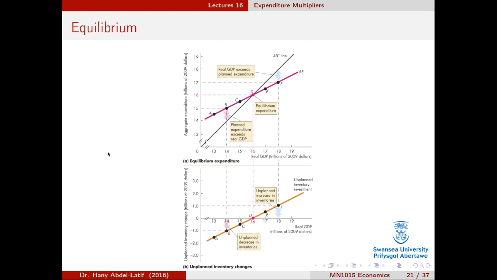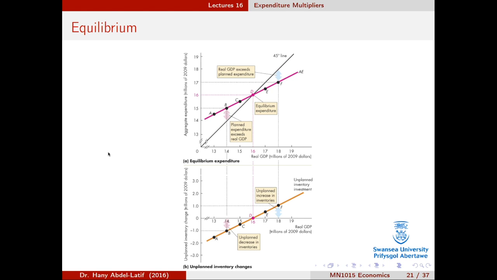A very important thing to understand is how the unplanned change in inventories will take us back to this. So let's just give an example. Let's say the aggregate expenditure, or what people, let's use simple words.